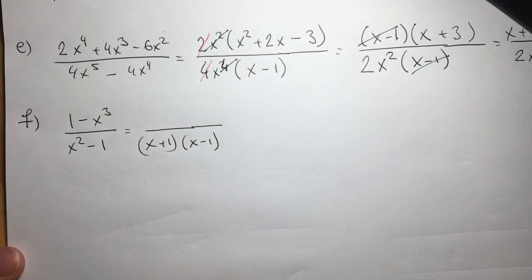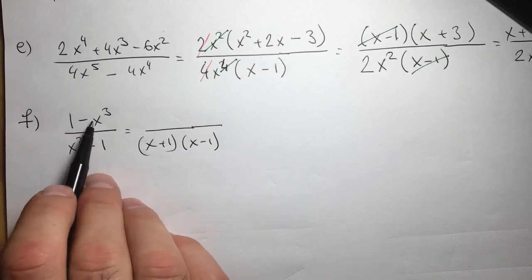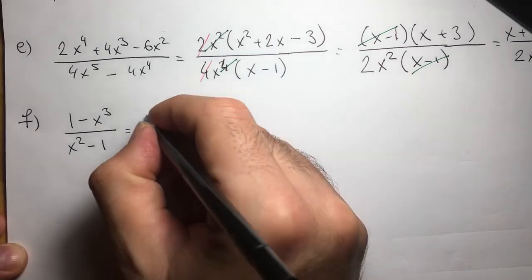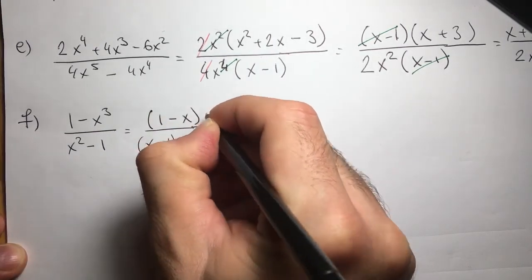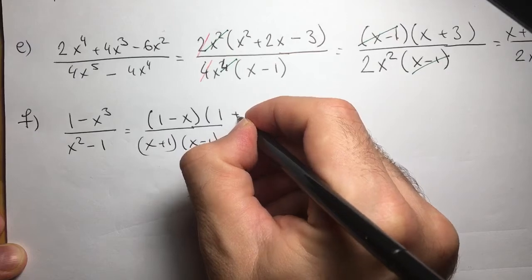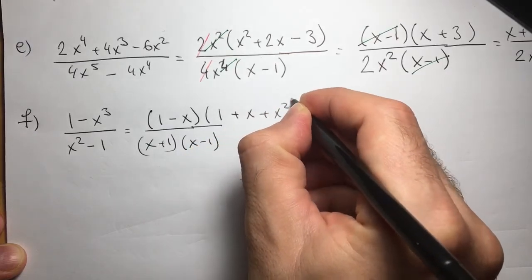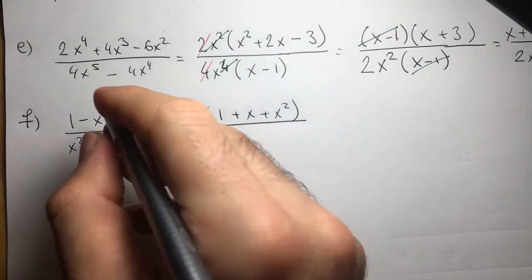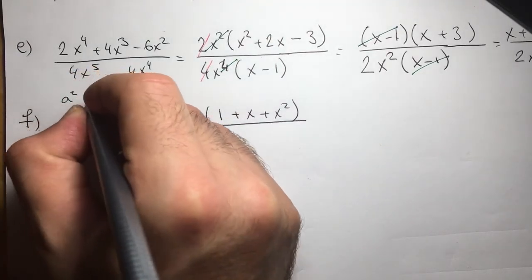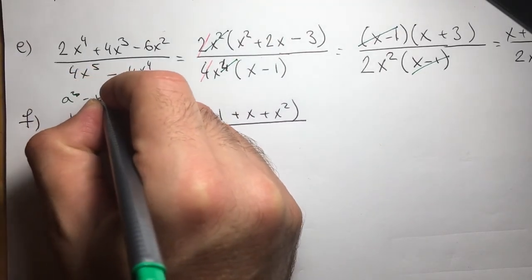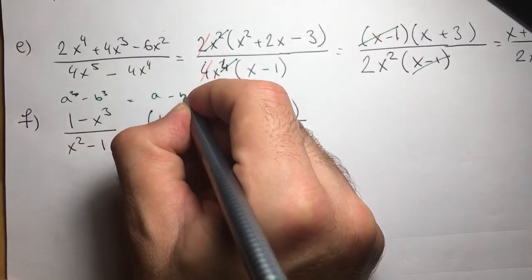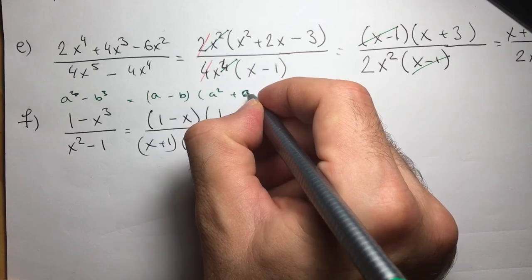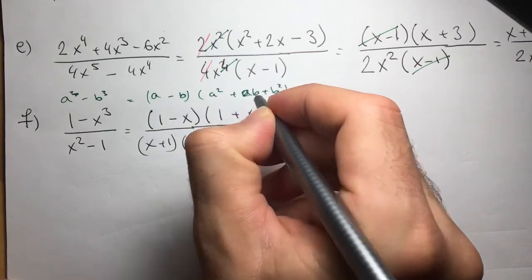And here I have a difference of cubes, and if I factor this out, I have 1 minus x times 1 plus x plus x squared, right? I used the formula a cubed minus b cubed, that is equal to a minus b times a squared plus ab, sorry, plus b squared.